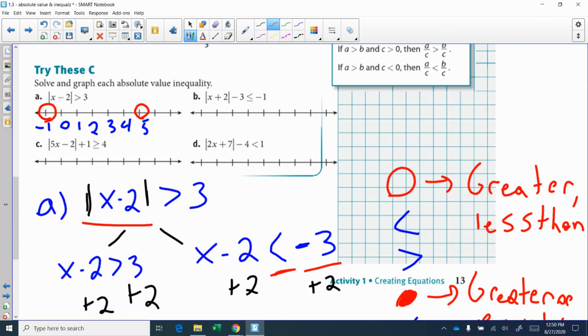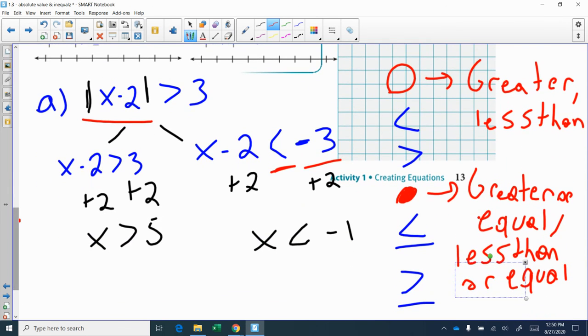And after that, I want to draw lines based on what this is telling me. Okay. Well, if you go back to like elementary school, the inequality is always going to open up towards the bigger number. So in this case, this expression is saying x is greater than 5.